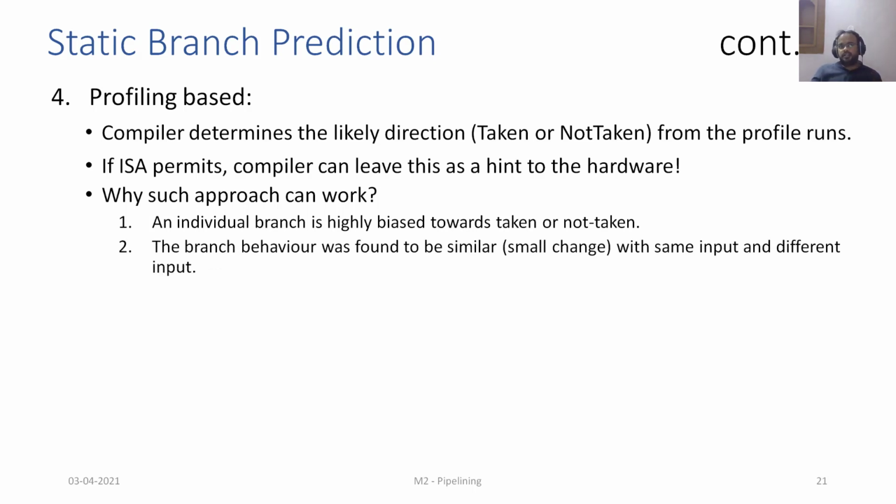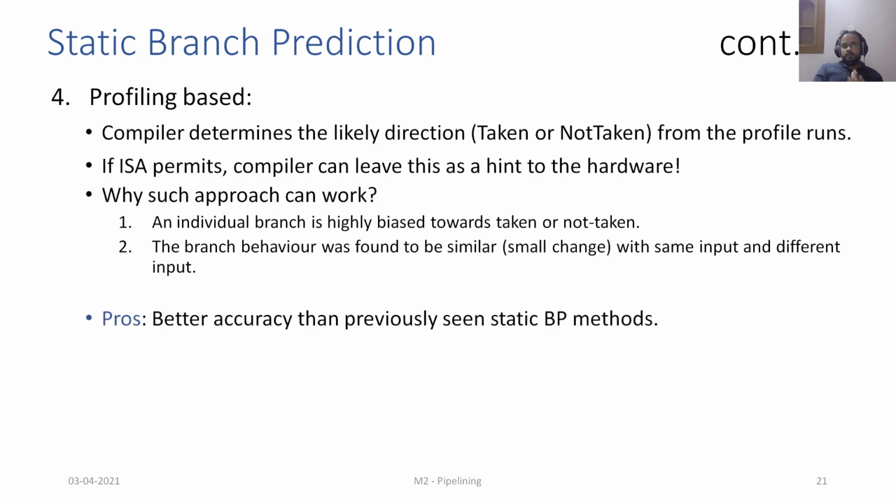And they also said that the profile runs give us a very good indication of the actual program itself. So based on this, they proposed profiling based static branch prediction, but unfortunately it's no longer relevant because of what I mentioned in the previous slide. Also, the nature of programs has changed. They are not so predictable now.